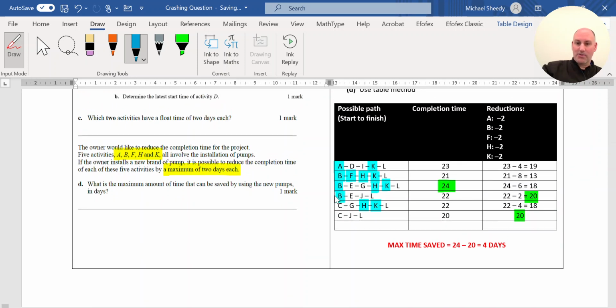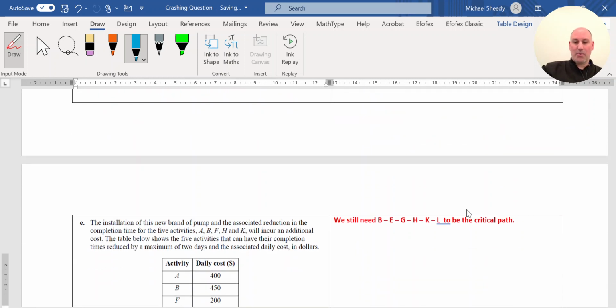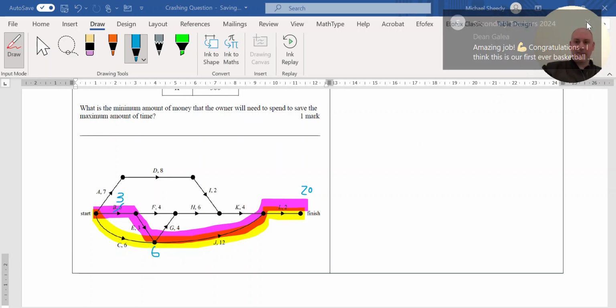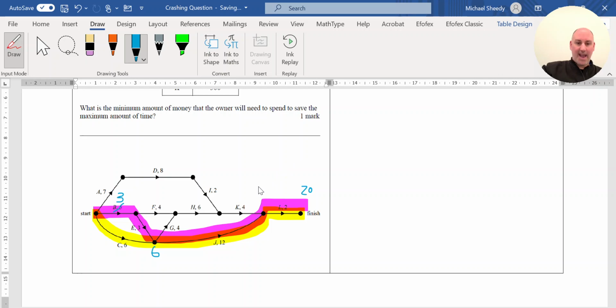I can get those two paths down to 20, but I had to figure out how. How could I make both of those the critical path and have their completion time set to 20? The way I could do that was to reduce B by 2 hours, and now both the purple line and the yellow are both the critical paths and at 20.